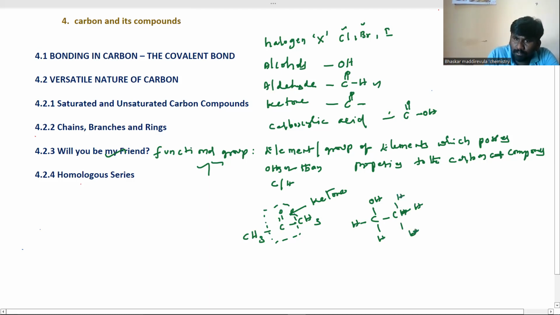In this compound, what is the functional group? There is OH, so you just have to identify it. There is an alcoholic functional group, alcohol. Like this, they will ask questions from here.